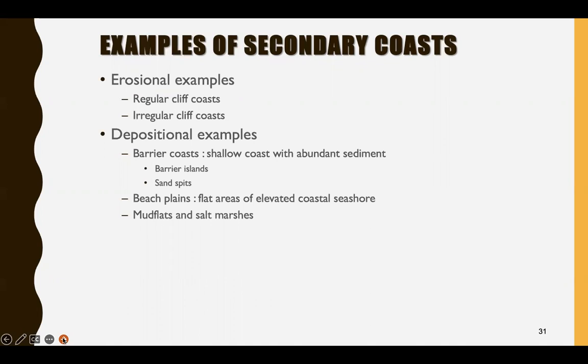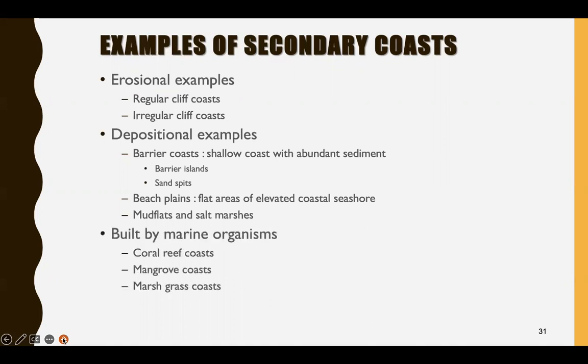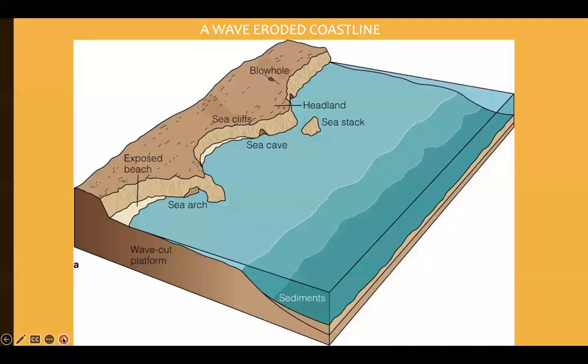Mud flats and salt marshes is something you can see just north of Point Mugu. Point Mugu on Ormond Beach is a huge mud flat that you can see. And then things that are built by critters or marine organisms are coral reefs, mangroves, and marsh grass.